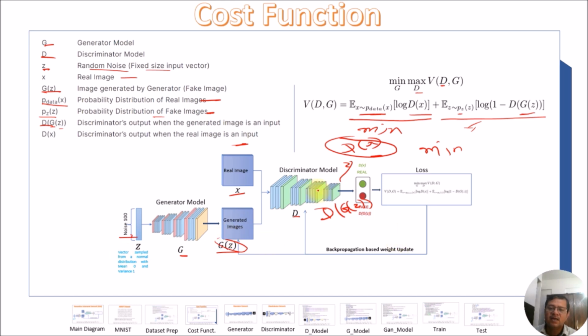Once we have this loss function, based on it we apply backpropagation, gradient descent based, and update the weights. Once we have trained the system, we can directly use only the generator model.